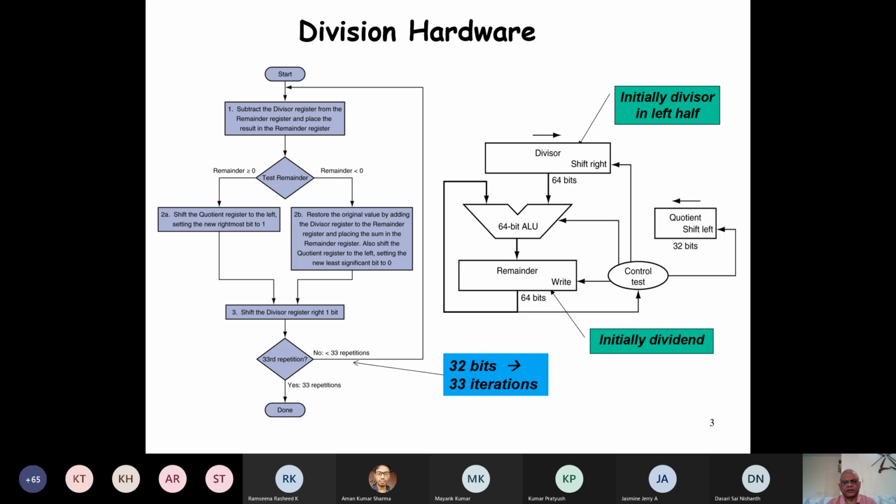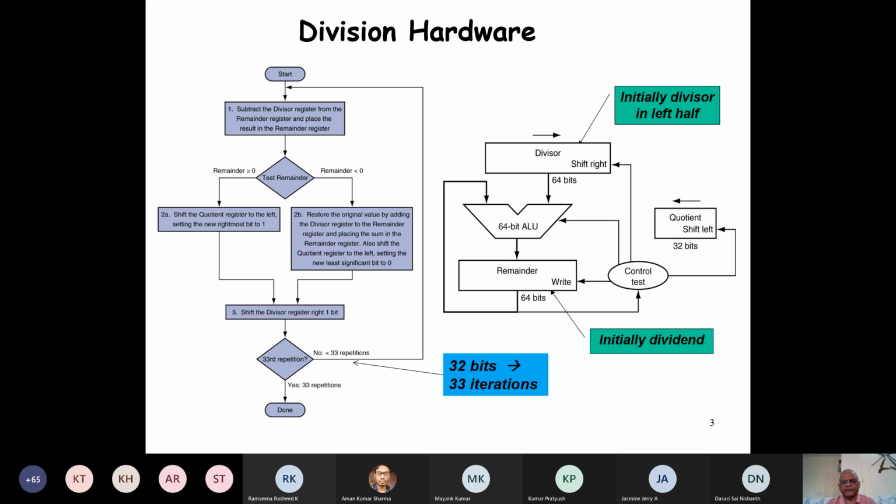Let me just repeat. We have a 32-bit divisor and we have a 32-bit dividend. The dividend we keep in the least significant 32 bits, and the divisor we keep in the most significant 32 bits. And the rest we make zeros.